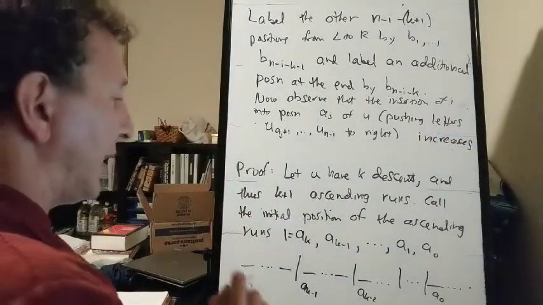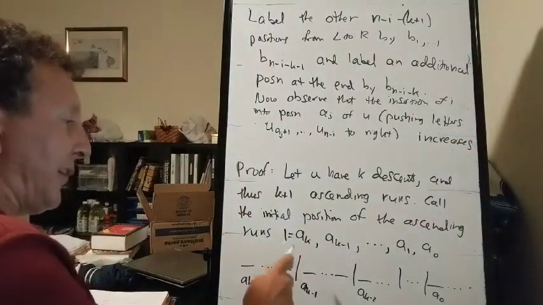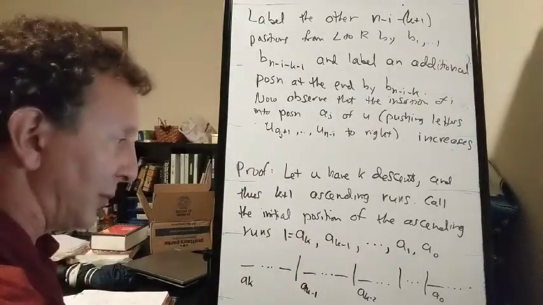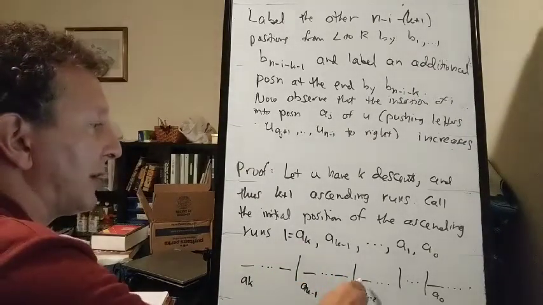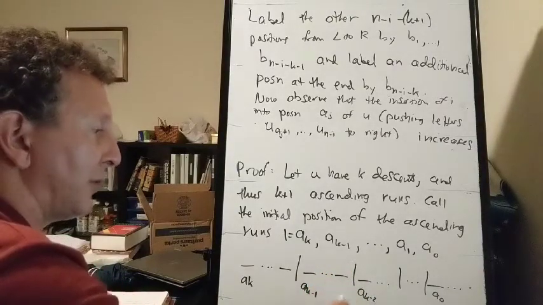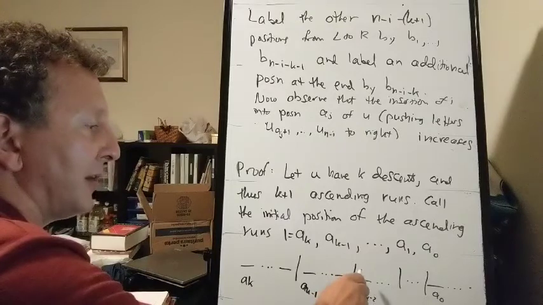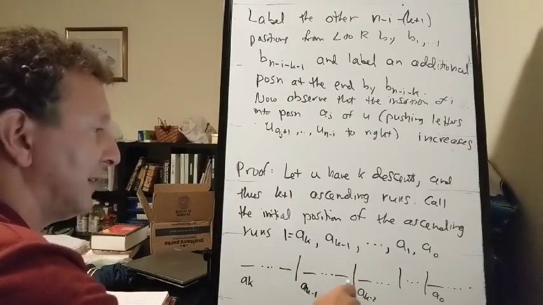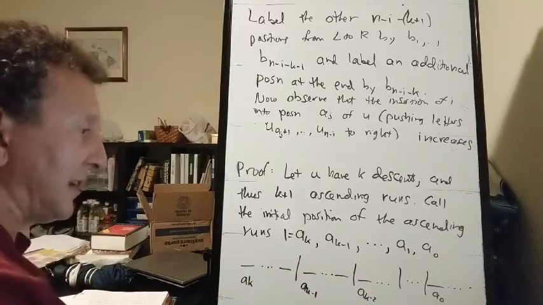Now if we insert a new smallest letter into the beginning of any one of these ascending runs, we won't get any new descents because we've got a smaller letter following what must be bigger right here. But then smaller letter followed by the letter that used to be there is going to be an ascent. So we're not introducing any new descents.